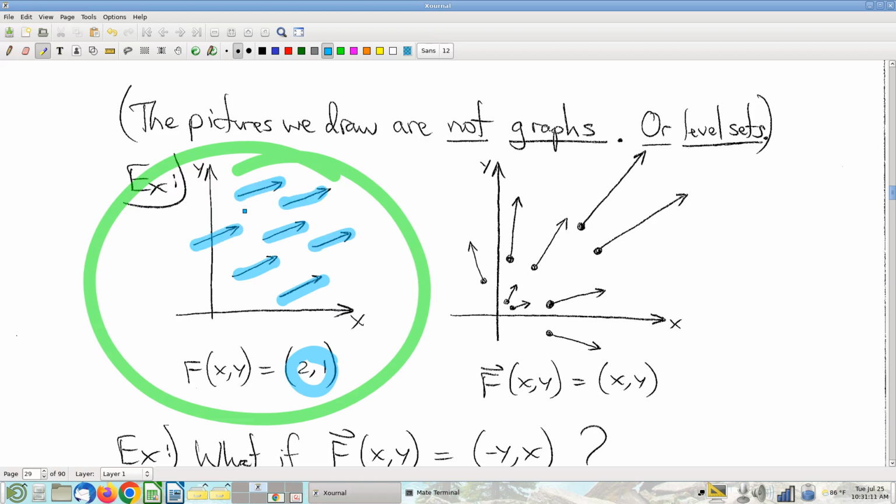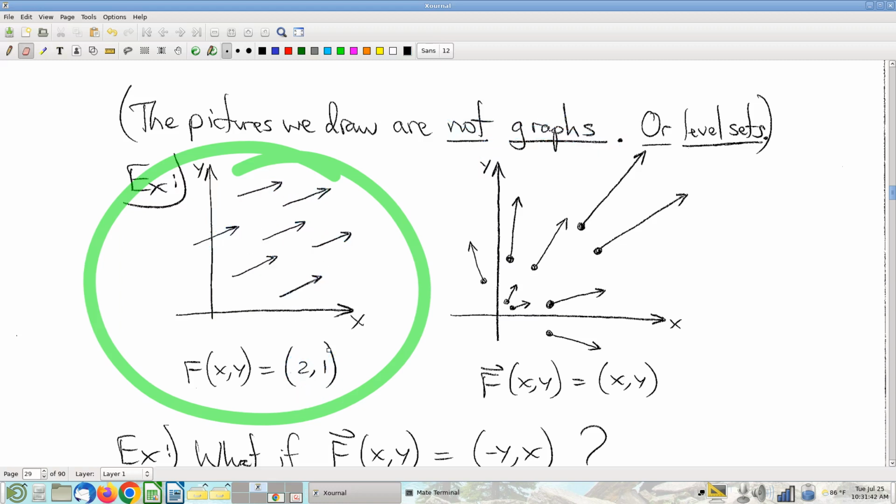In other words, same direction, same magnitude, because they are literally the same field vectors at every point. So that's already a little weird if you think about it. This doesn't look like a constant, because you'd think a constant would have to be horizontal or something, right? But that's graph talk. We're not looking at a graph. This is what a constant vector field looks like.